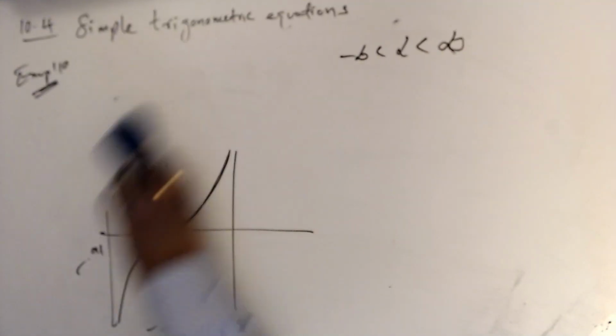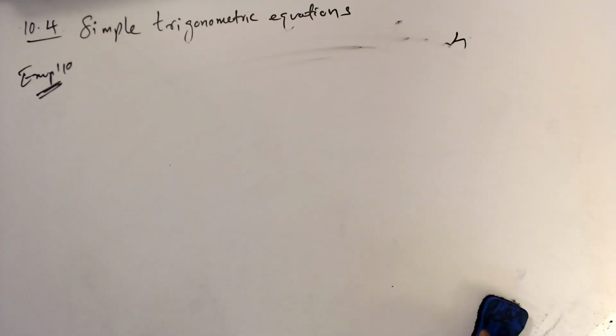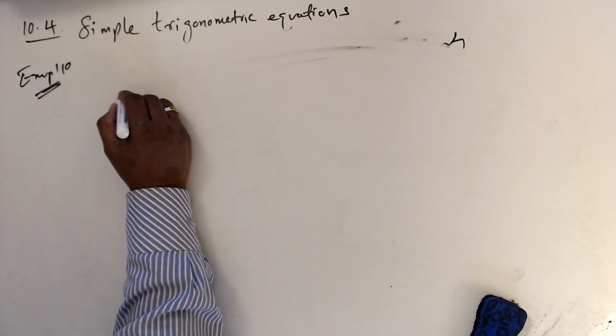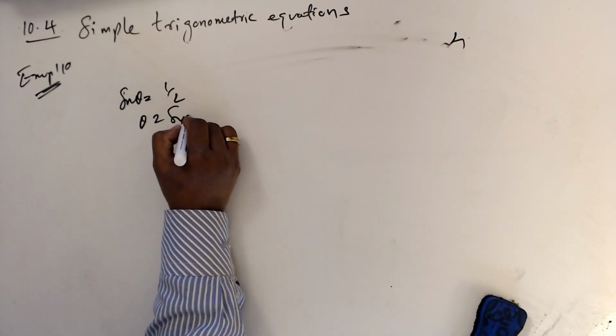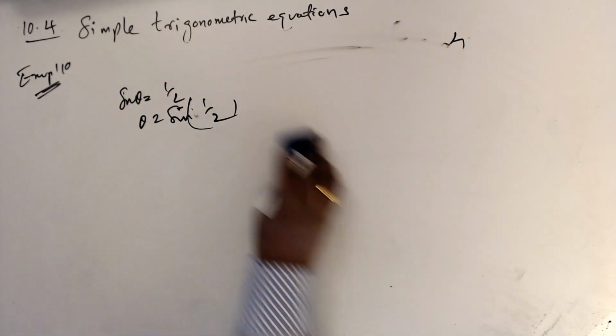Also, one more thing. When you find sine theta equals half, then theta equals sine inverse half.